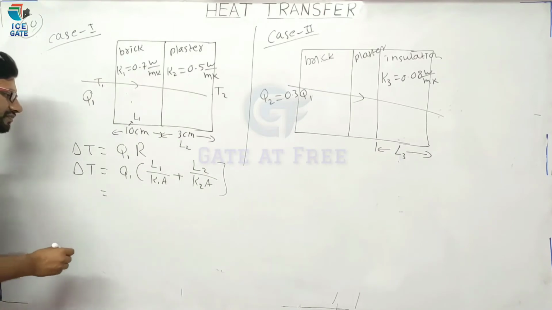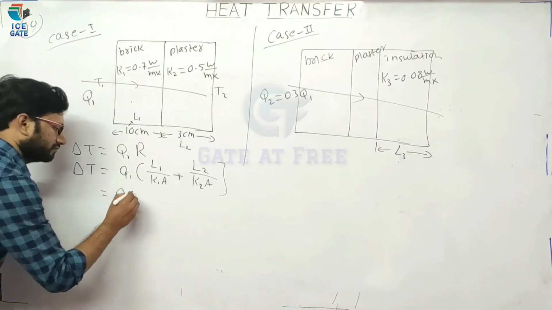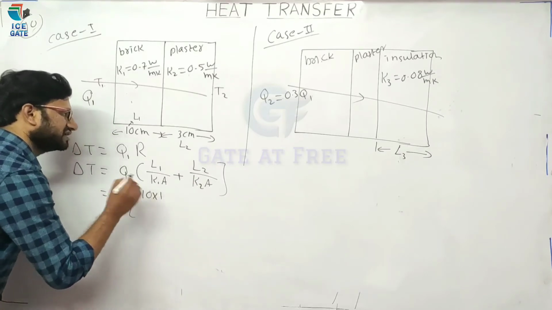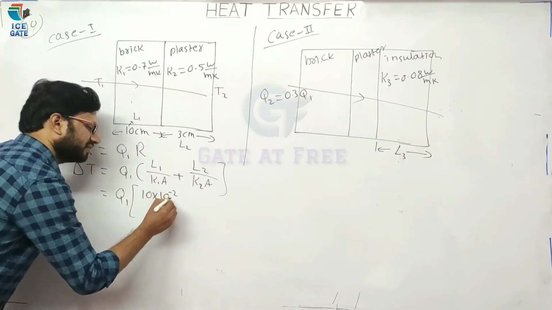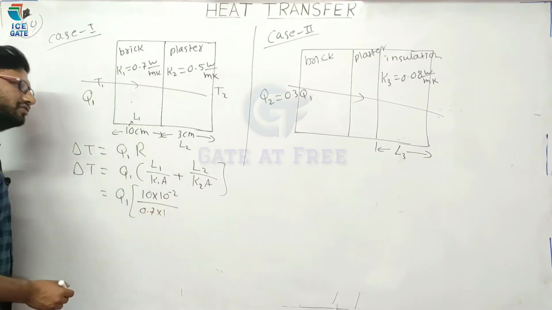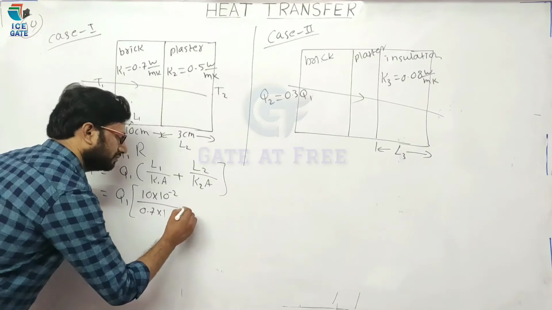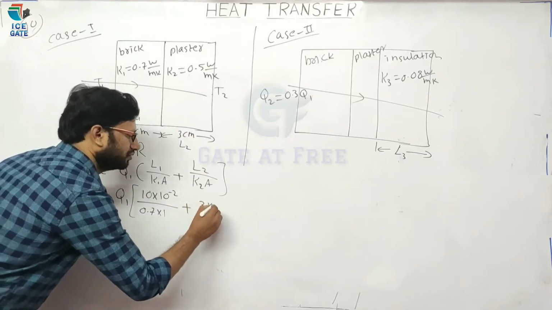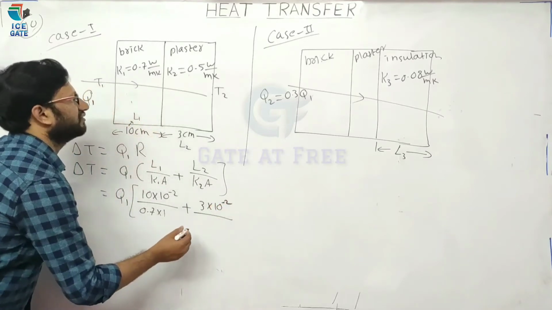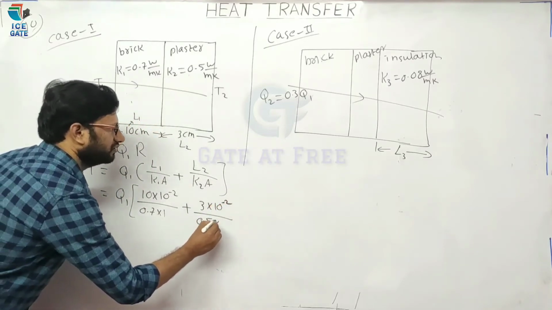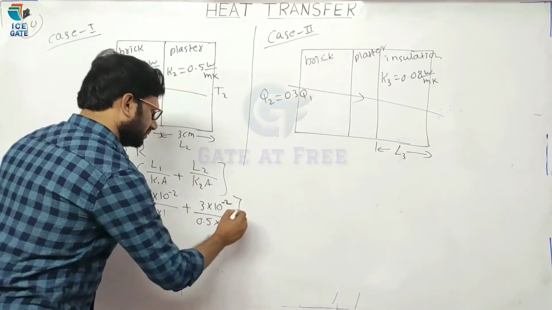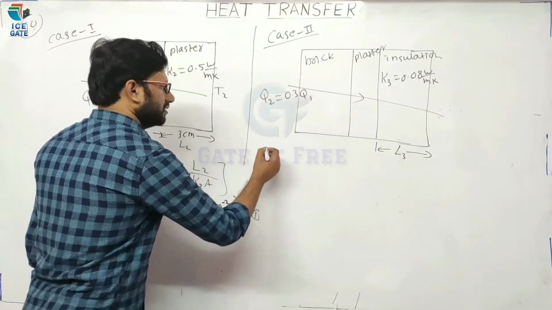Therefore, Q1 into, now what is L1? L1 is 10 into 10 centimeter, convert in meter, 10 into 10 to the power of minus 2, divided by 0.7 into, take per unit area A, 1 meter square, plus 3 into 10 to the power of minus 2 divided by the thermal conductivity of plaster 0.5 into 1. Now make this equation 1.